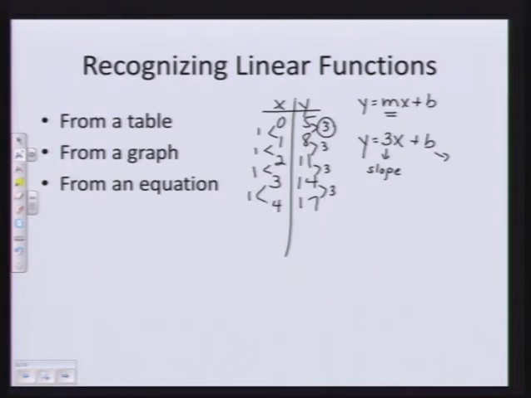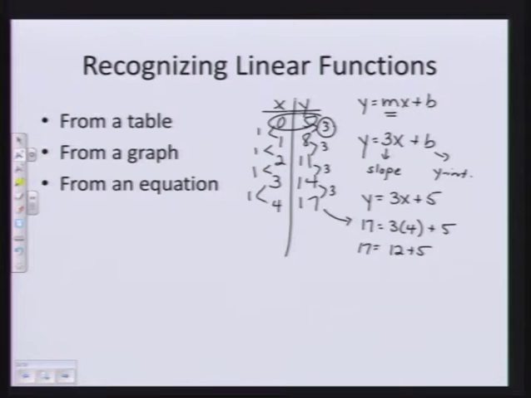And since b represents the y-intercept and (0, 5) is the y-intercept, that means that my 5 would be the value for b there. So you could go back and check each one of these to see if they satisfy that equation. For example, if I check the (4, 17), 17 is the y value, 4 is the x value, 3 times 4 is 12, and 12 plus 5 is 17.